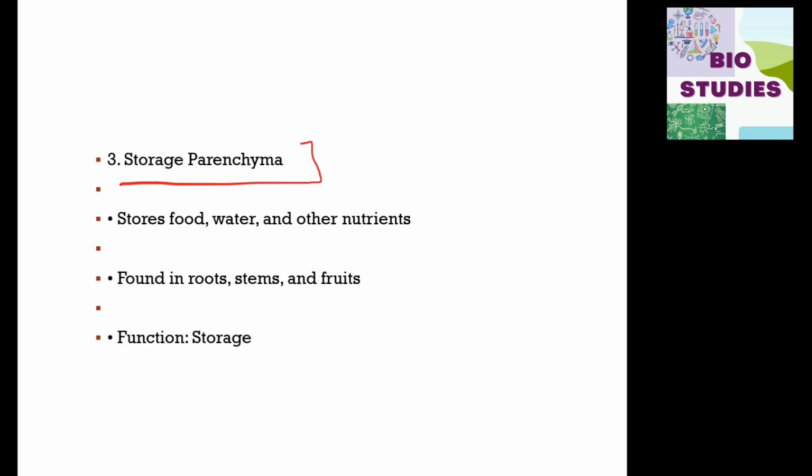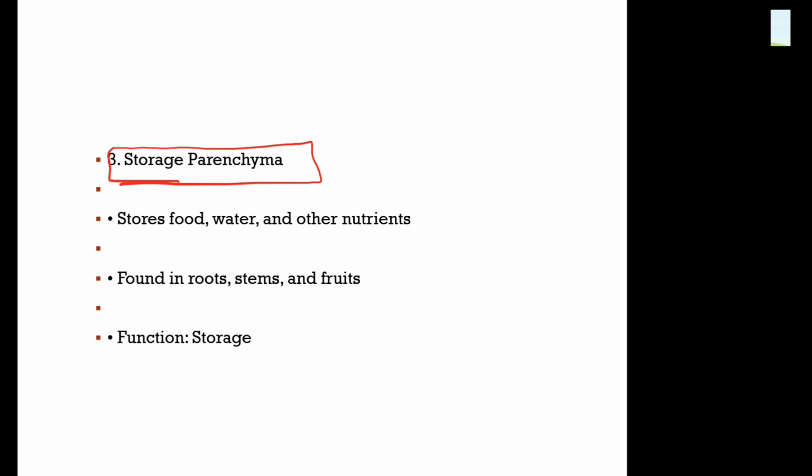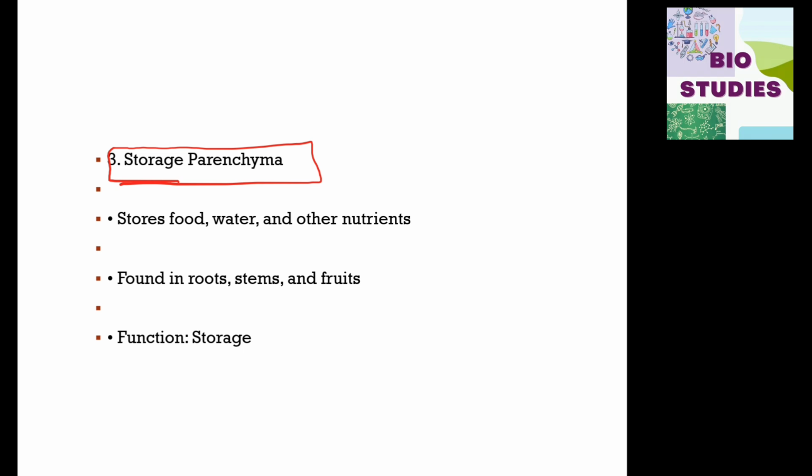Next is storage parenchyma. Again I am telling you, parenchyma is a type of permanent tissue, meaning the functions are specialized. So here the specific function is storage. They store food, water and other nutrients in all parts, in roots, stems and fruits.